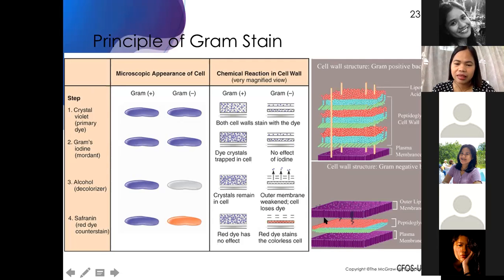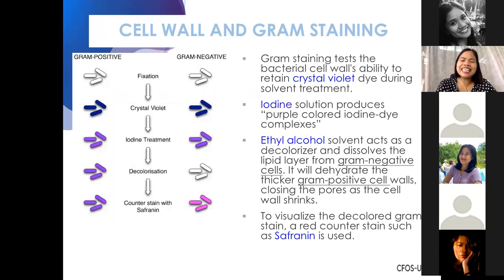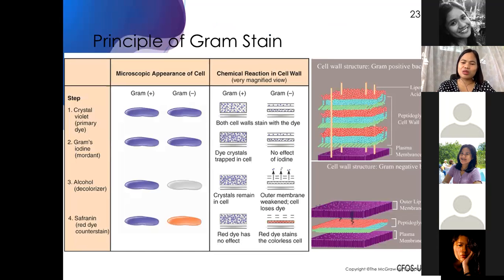Whereas in gram-positive, what happens to the gram-positive bacterial cell? The gram-positive cell walls are dehydrated, and the pores of the cell are closed, causing the cell to shrink. Since it has no lipid layer, upon addition of the alcohol, it will shrink.